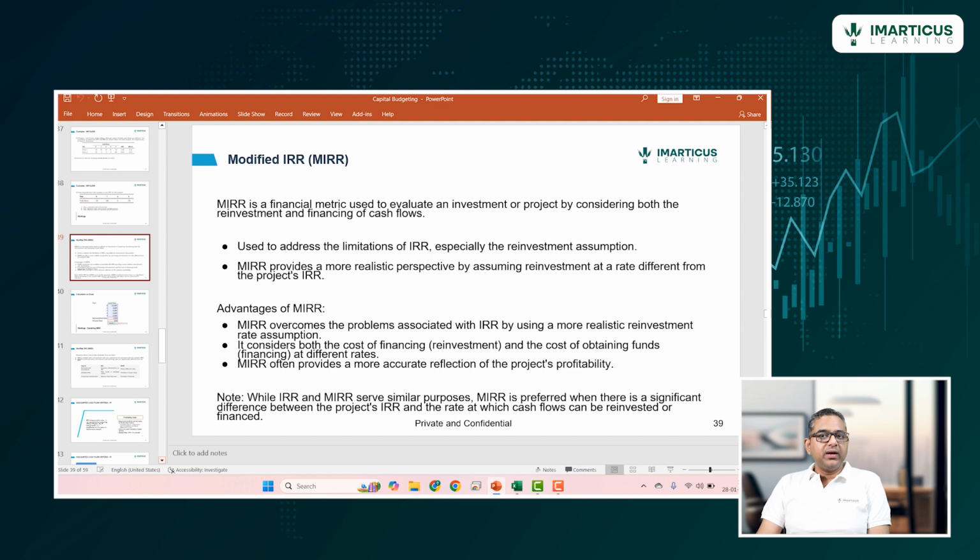We can get a more realistic picture by looking at MIRR in that case and assuming a different reinvestment rate than the IRR of the project. Then the returns we get by assuming a different reinvestment rate will be captured by MIRR, not IRR.